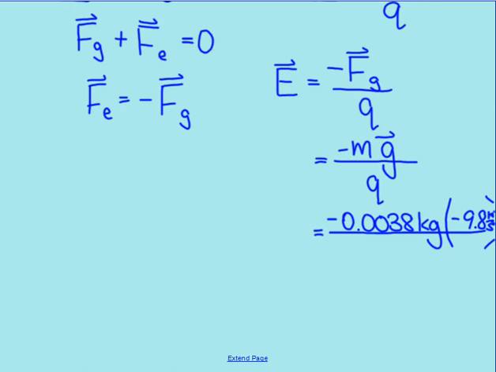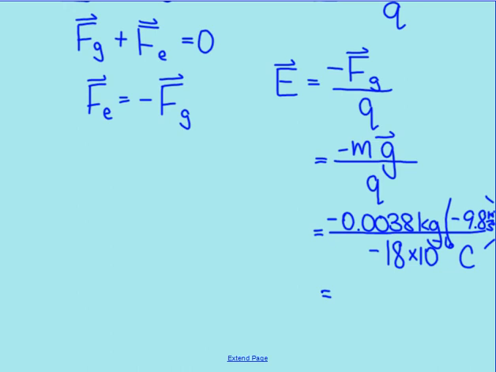In the denominator, I plug in charge, and I am allowed to use a negative sign there. You'll notice there were no absolute value signs around that Q. So negative 18 microcoulombs. Well, micro is 10 to the negative 6th. So negative 18 times 10 to the negative 6th coulombs is what I have here.